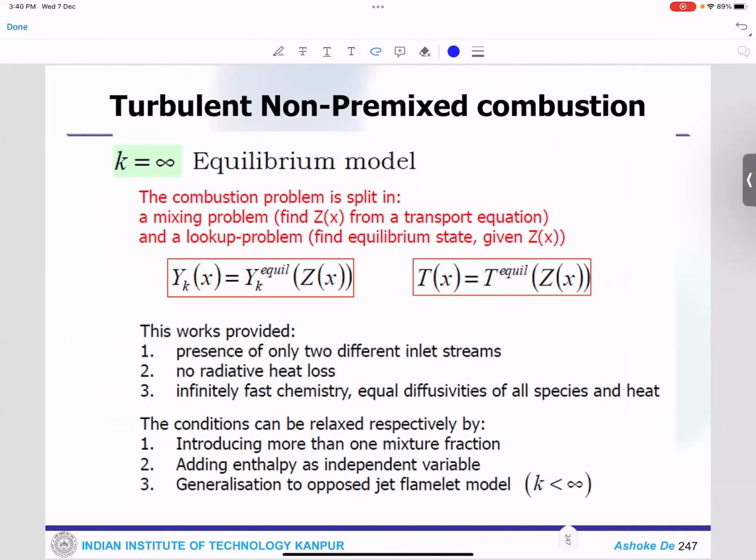So the idea here is that your species mass fraction and temperature are now going to be functions of this variable Z. Once I get this function, it will allow you to pre-compute the table for some given state. Then when I solve the transport equations, I will get the information back for the species mass fraction and the temperature.